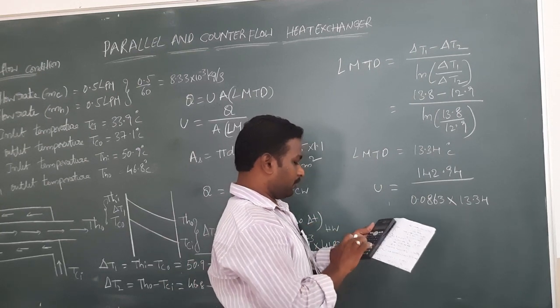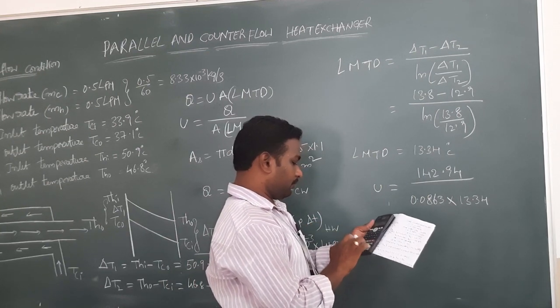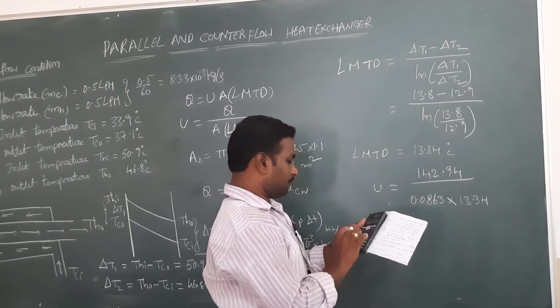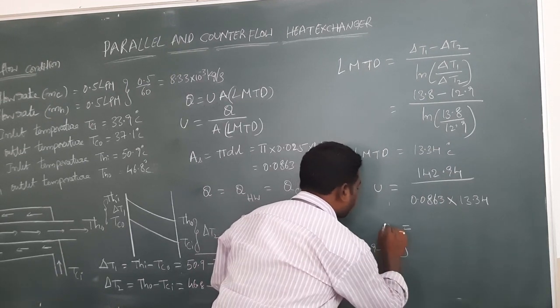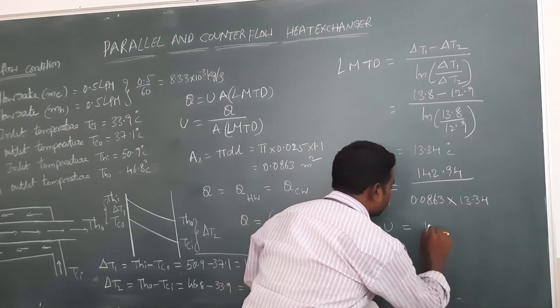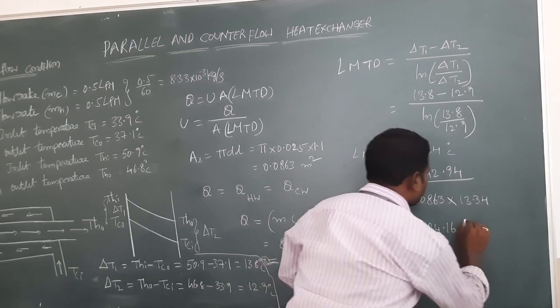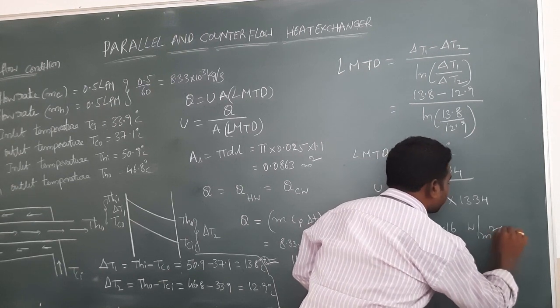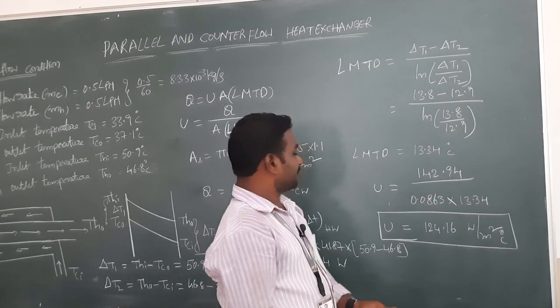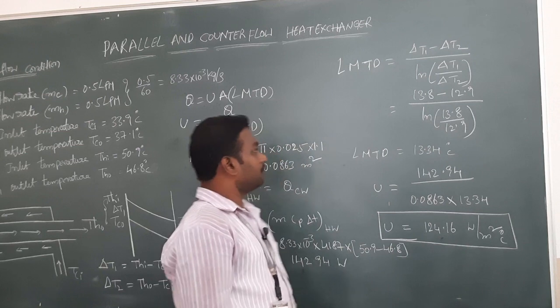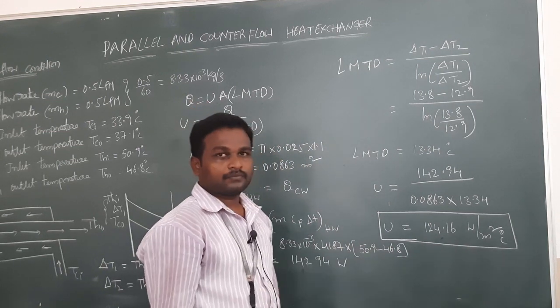Overall heat transfer coefficient U equals 124.16 watt per meter square degree centigrade. This is the overall heat transfer coefficient value in counterflow condition. Thank you.